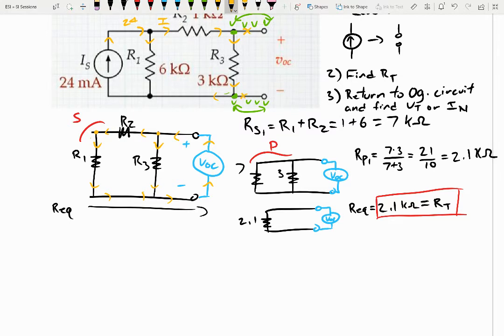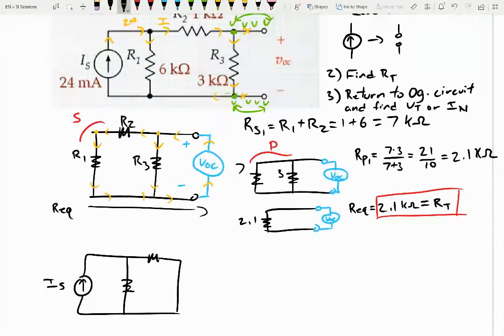So by doing a simple current division, so I of S, R1, R2, and R3. Okay. So there and there. We know this is I of S. For funsies, I'll call this I2.